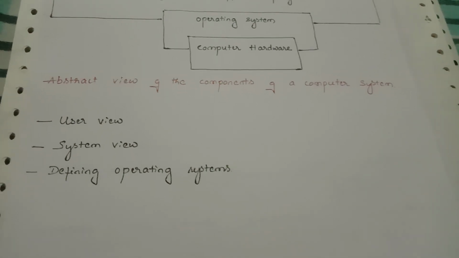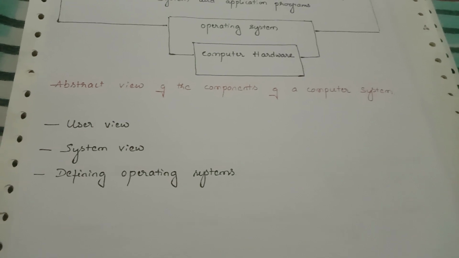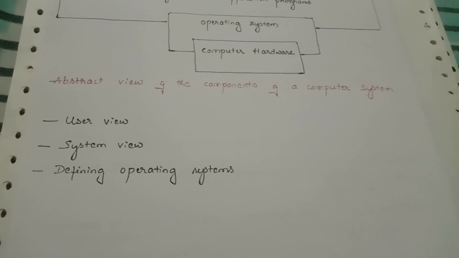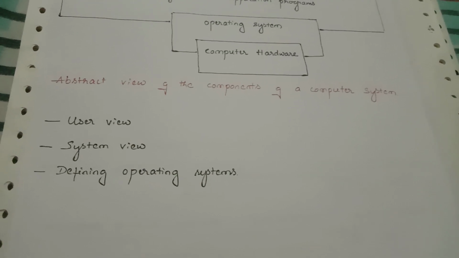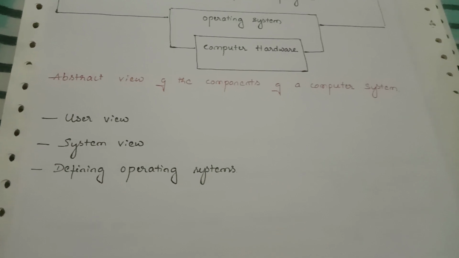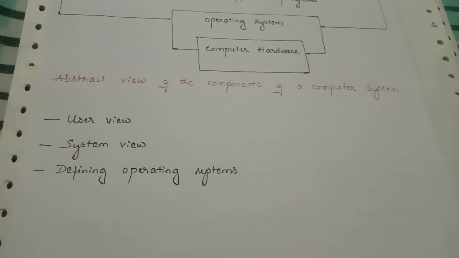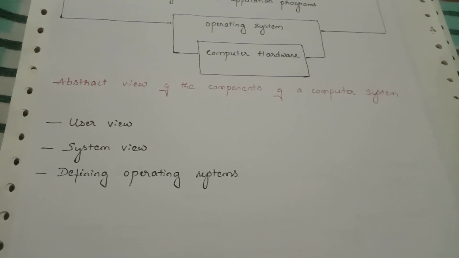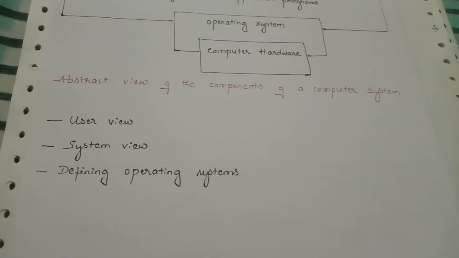The user view of the computer varies according to the interface being used. Most computer users sit in front of a computer consisting of a monitor, keyboard, mouse, and a system unit. Such a system is designed for one user to monopolize its resources. So the goal is to maximize the work that the user is performing.